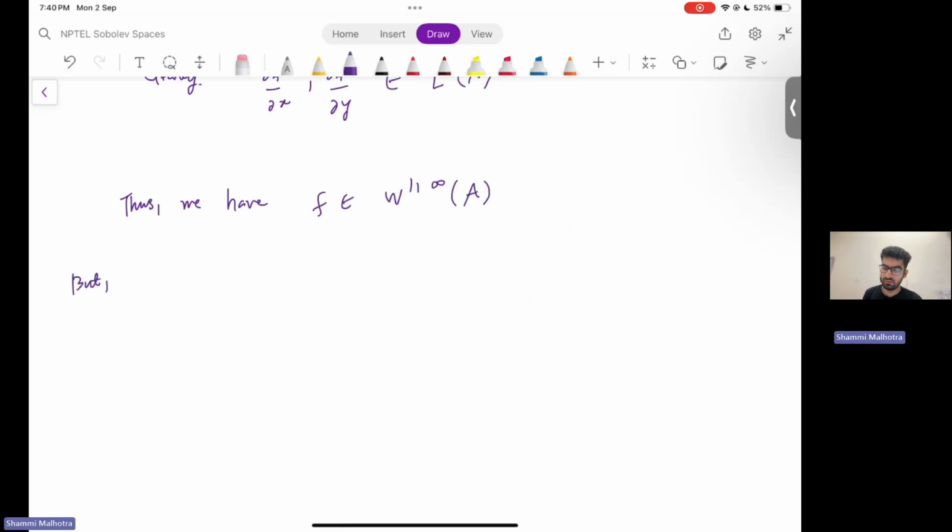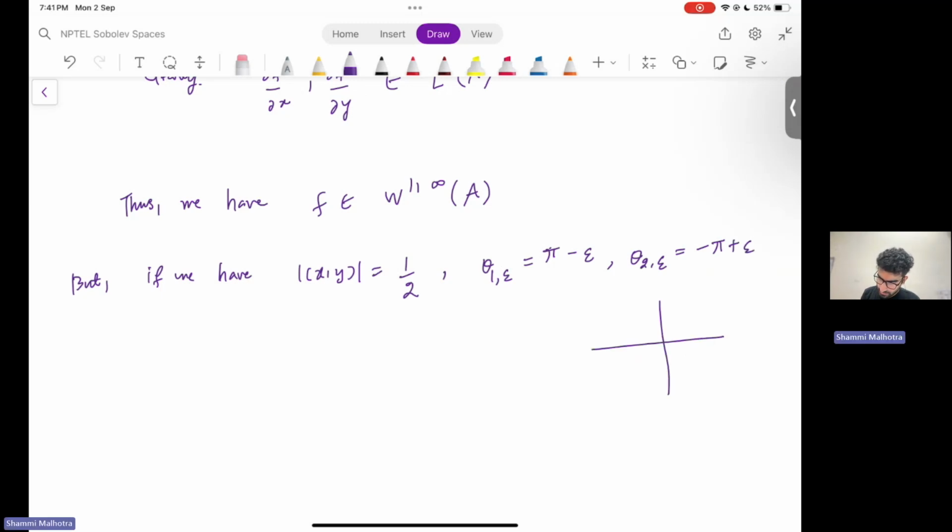But if you consider this, if we have the modulus of (x, y) to be half only, and theta 1 epsilon to be pi minus epsilon, and theta 2 epsilon to be minus pi plus epsilon, we have basically 2 points in the circle.